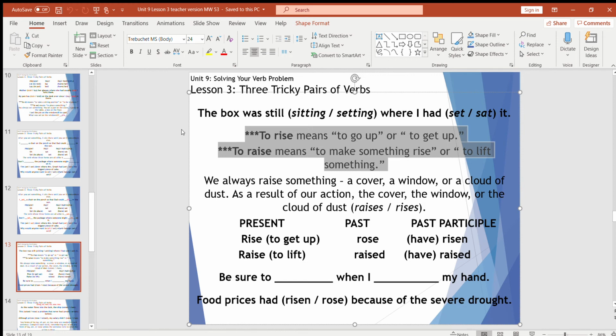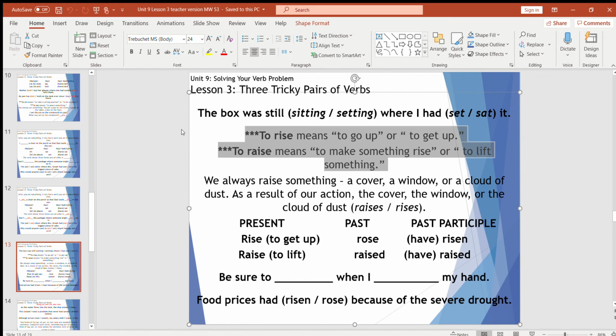To rise means to go up or to get up. Like you're physically getting your body up, or something is physically going up. To raise means to make something else rise or to lift up something else. So just like with to lay or to set, you have to do it to something else.